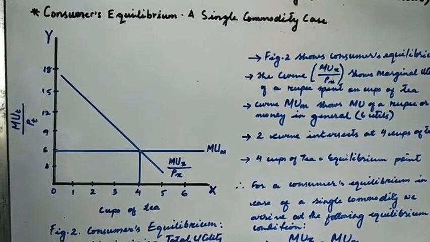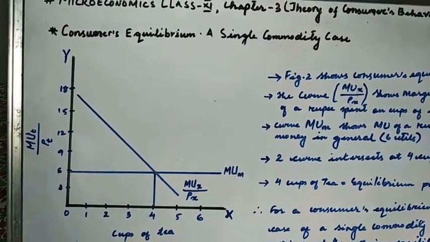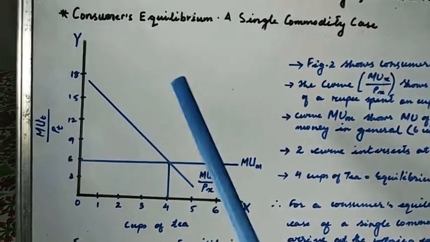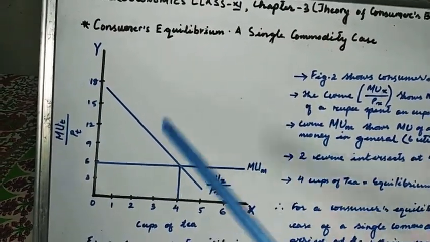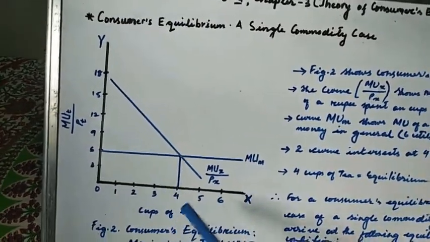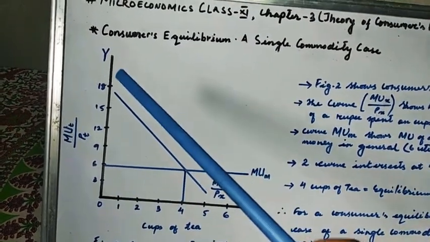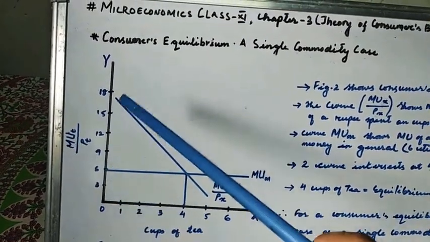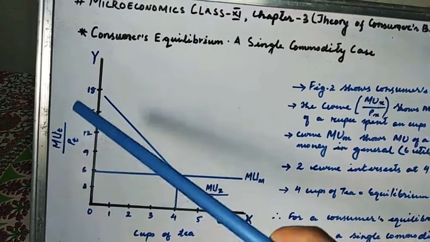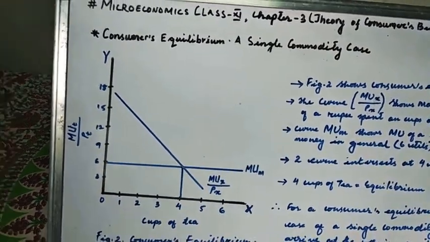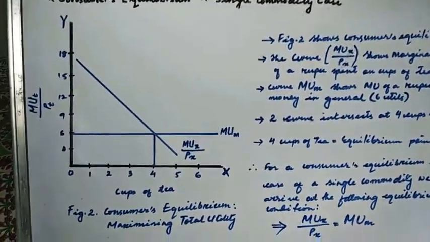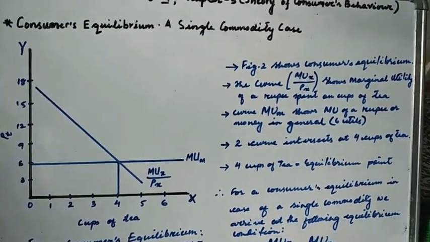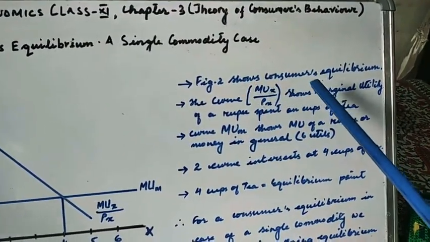This is the graphical representation which shows the consumer's equilibrium. On the x-axis we are measuring the cups of tea, and on the y-axis we are measuring the marginal utility of tea and the price of tea. What we can see here is that figure 2 shows the consumer's equilibrium.